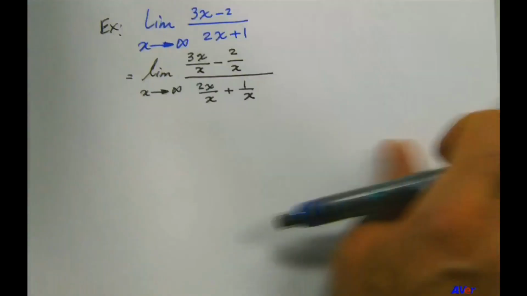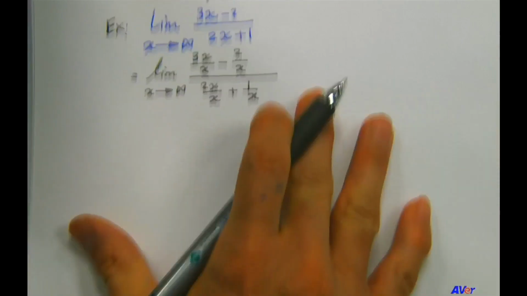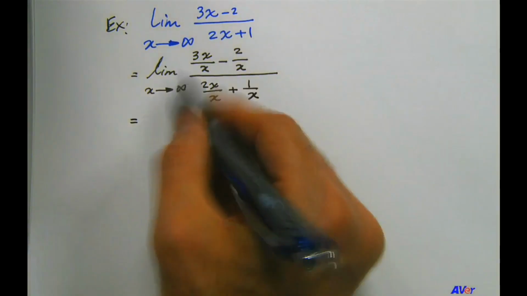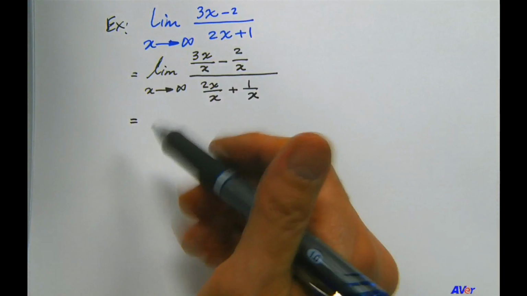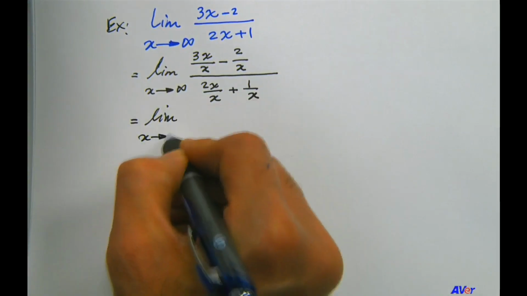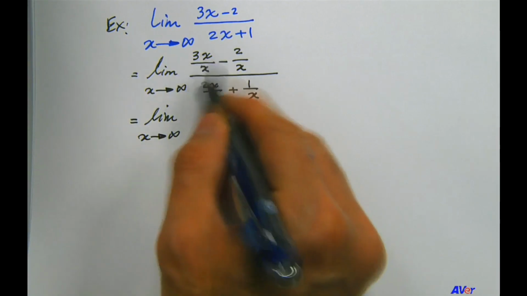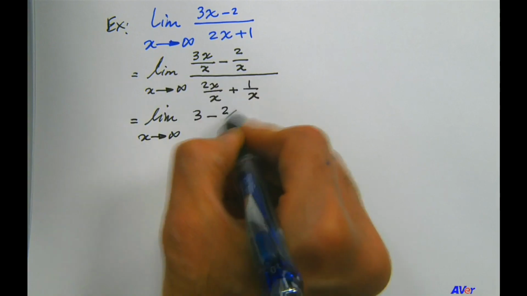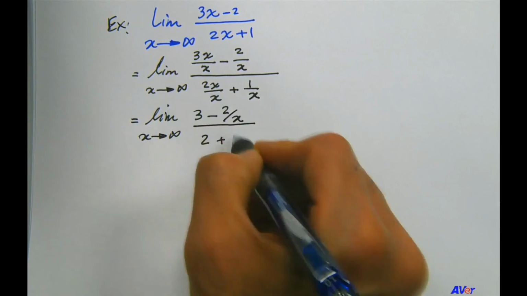Now that we did that, we want to simplify. Very, very procedural. So the more practice you get with these, the better you will be at it. This is just a bunch of procedure, that's all. So we have the limit as x approaches infinity. Let's simplify. We get 3, x cancels out. We get 3 minus 2 over x divided by 2 plus 1 over x.